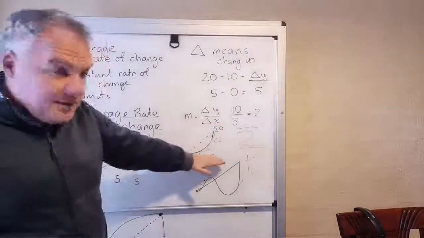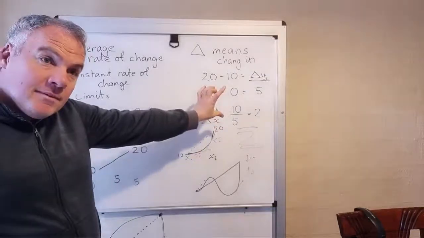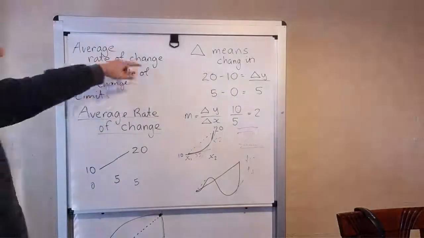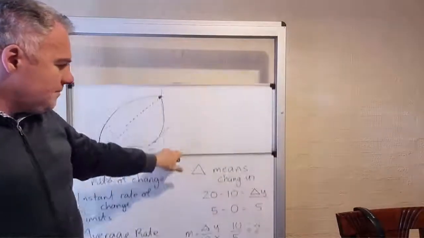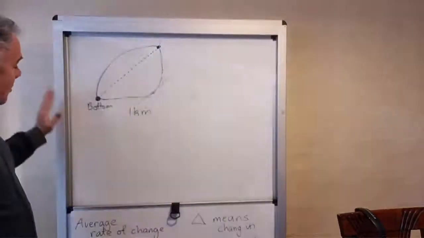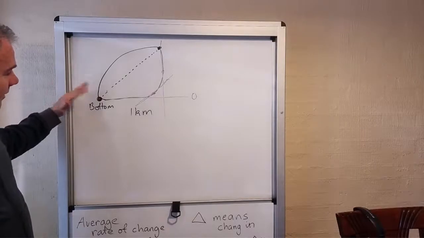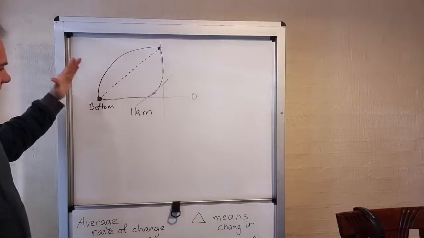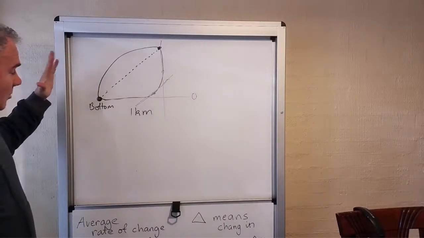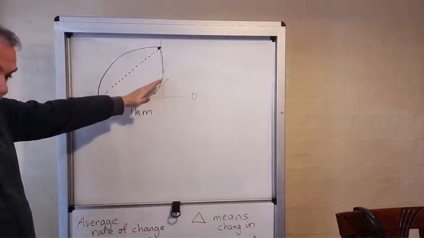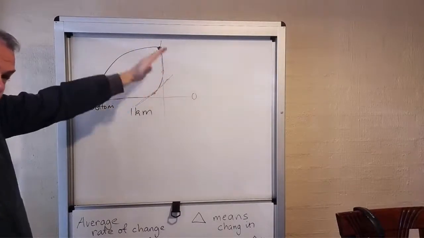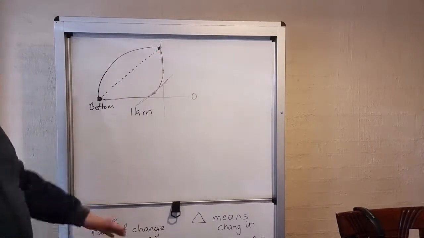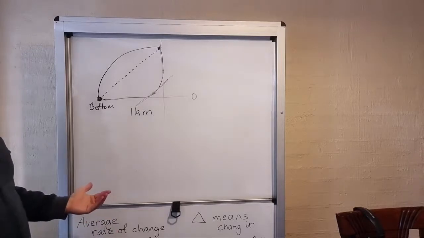You measure the across bit, you measure the up bit, and the gradient is the average rate of change, okay, and then you have your instantaneous rate of change, which is a sort of tangent to the curve. It's a place where it only touches once, okay? And all your instantaneous rates of change will add up to your average rate of change, okay?